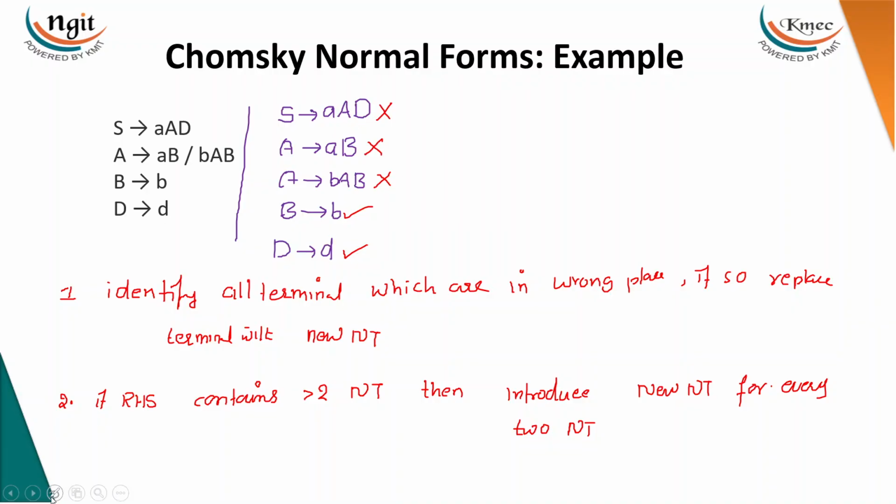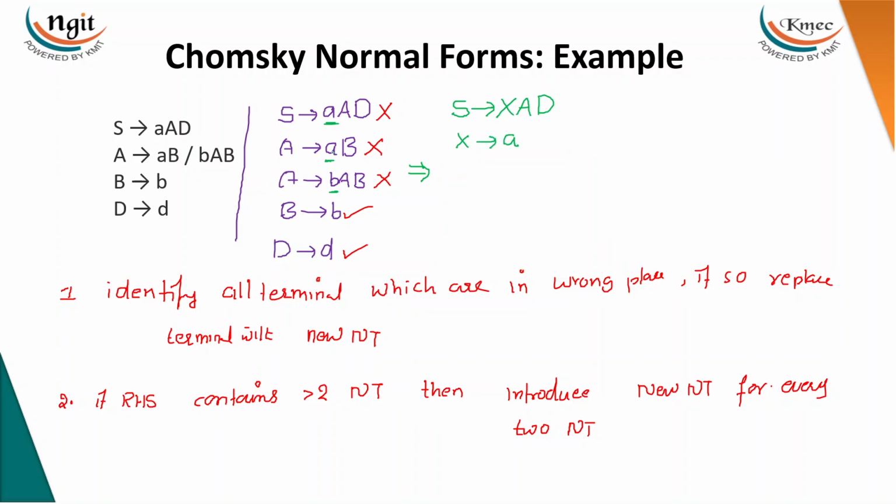Then, as I told you, first identify the terminals which are in the wrong place. Here the terminal a is in the wrong place, and another a is also in the wrong place, because a terminal together with other non-terminals is not allowed. So simply introduce a new non-terminal: S tends to X A D, where X tends to a.